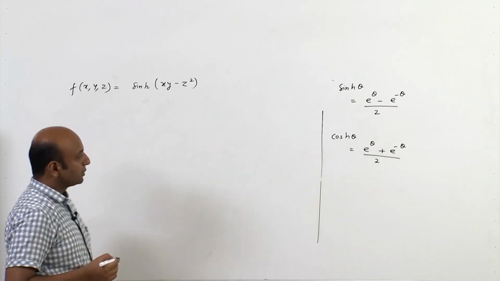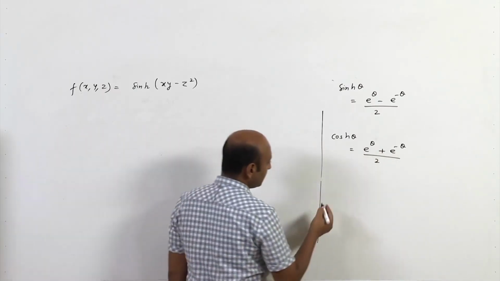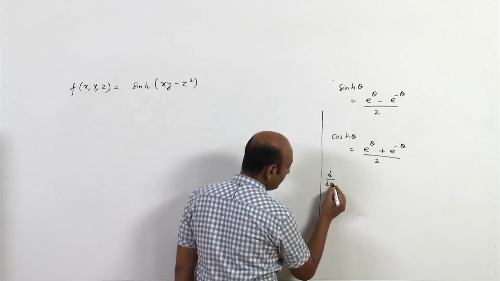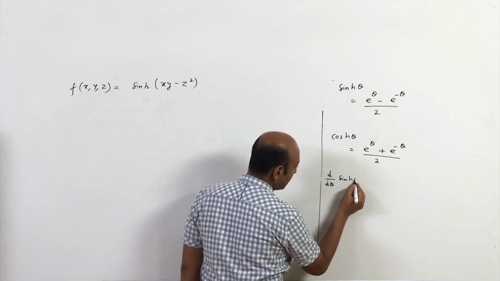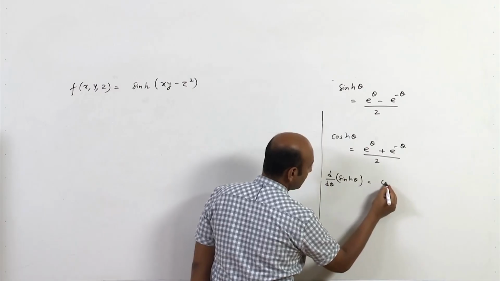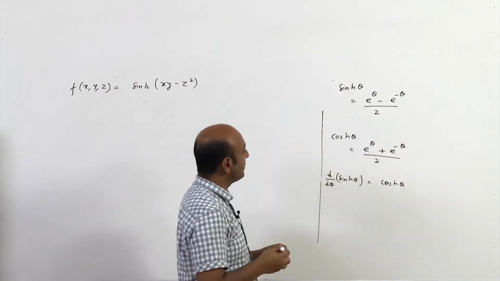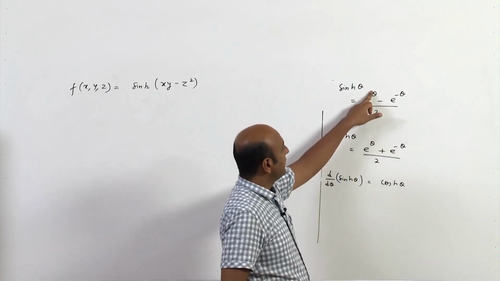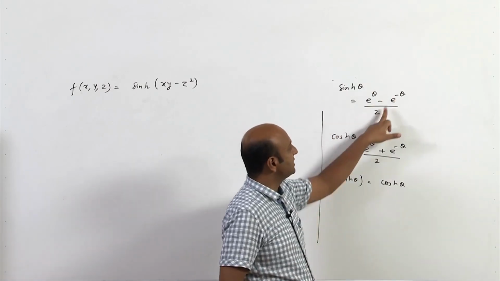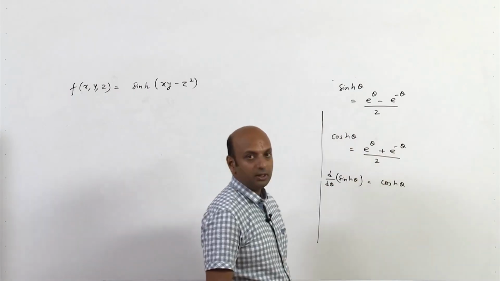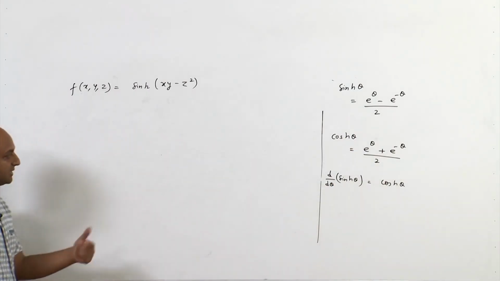Okay. So, we can easily see that d by d theta of sine hyperbolic theta is cos hyperbolic theta. If we differentiate this with respect to theta, e raised to power theta becomes plus e raised to minus theta upon 2, which is cos hyperbolic theta. Okay, that we can easily see.